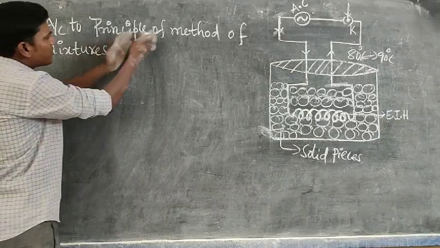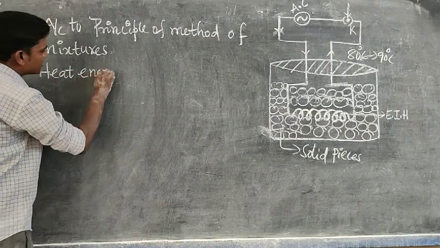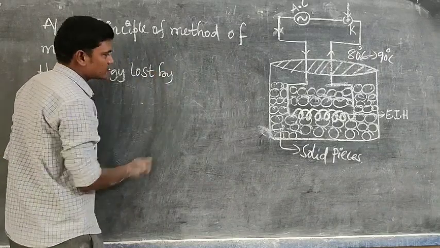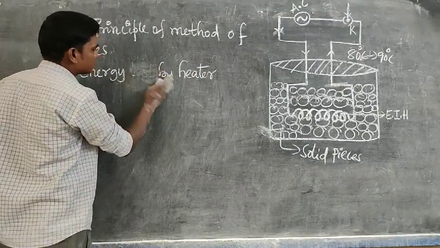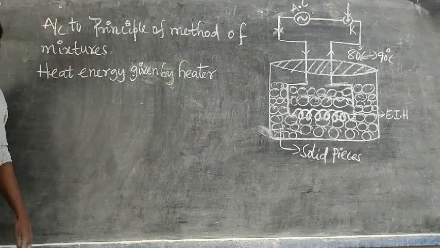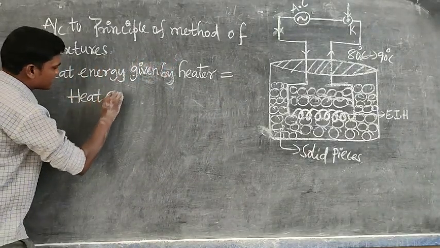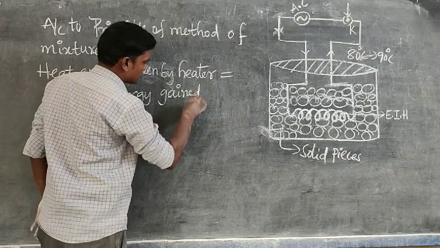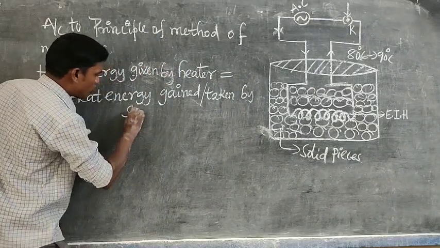That's why according to the principle of method of mixtures, we know that heat energy lost by the heater, or heat energy given by the heater, is equal to heat energy gained or taken by the solid pieces.